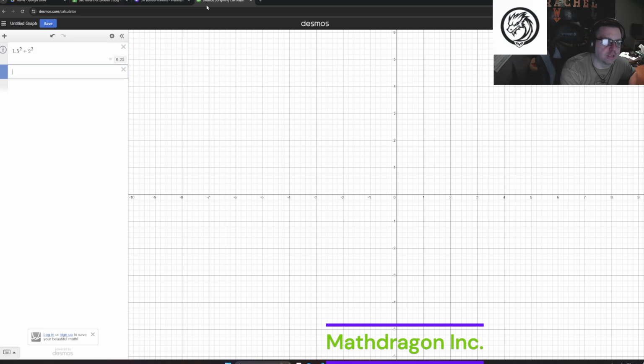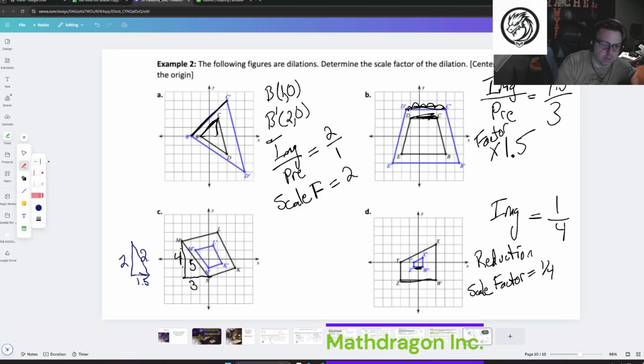So that equals 6.25. So then we are going to do square root of 6.25 and get 2.5. So this becomes 2.5.